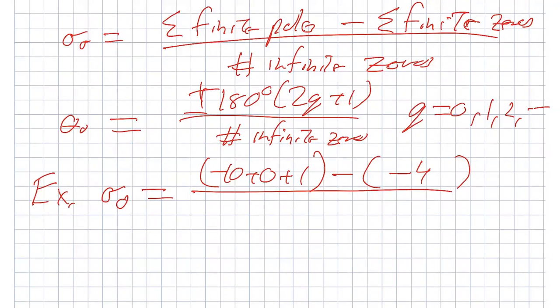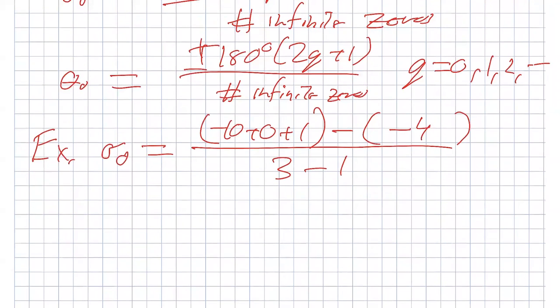And the number of infinite zeros was 2, because we had 3 poles and 1 zero. If we plug all that in, we end up with -5 divided by 2, or -2.5.